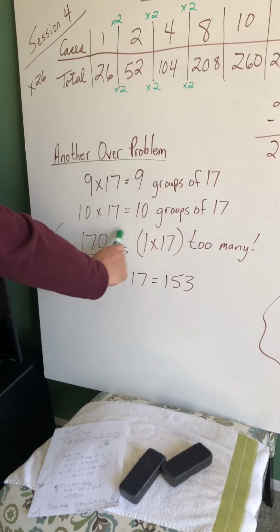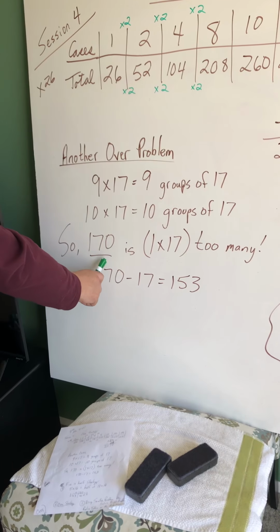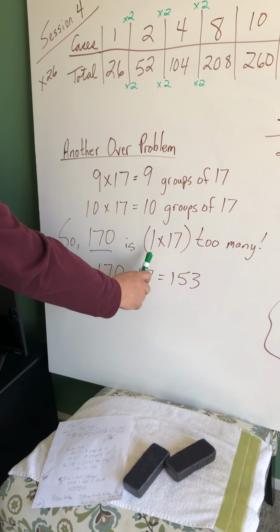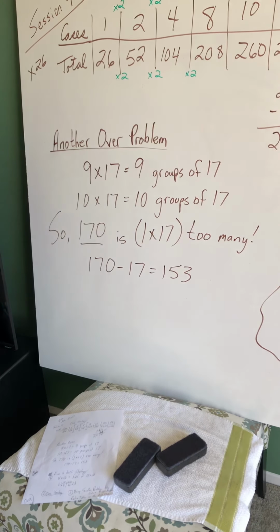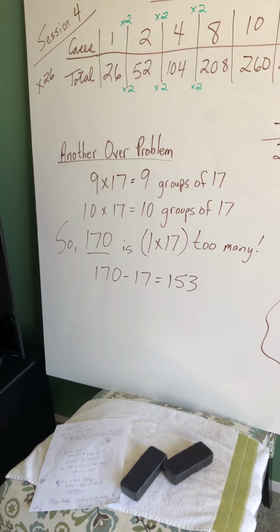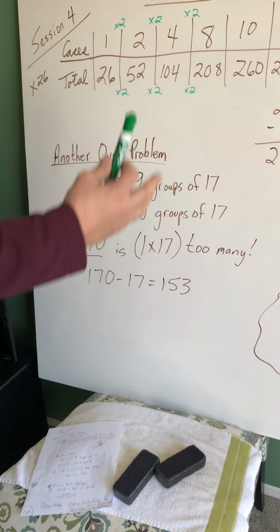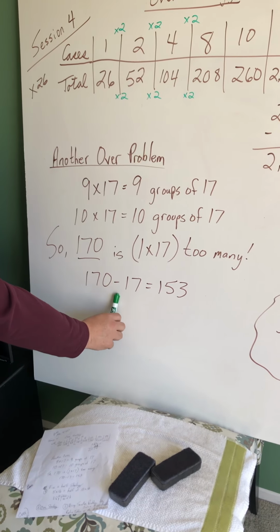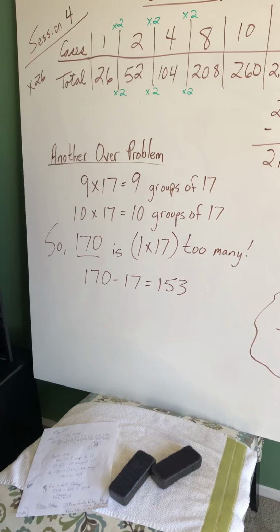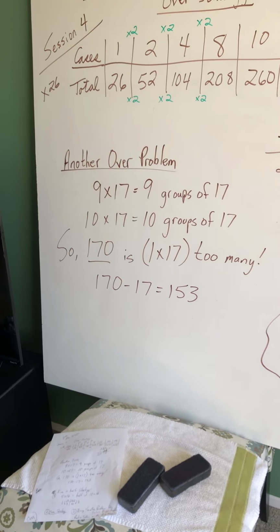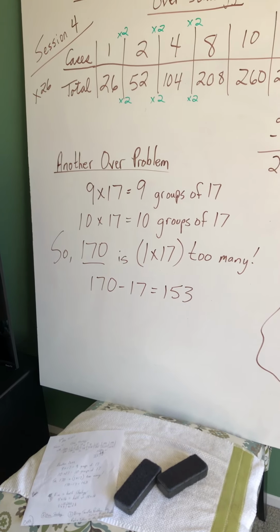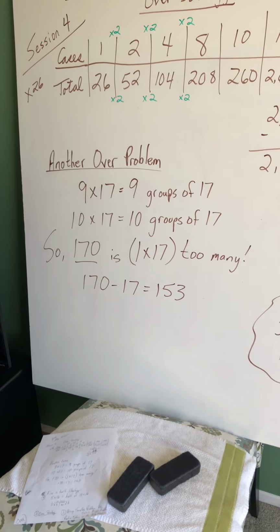So 170, which is 10 times 17, is one group of 17 too many to do 9 times 17. So long story short, 170 minus 17 equals 153, and that's what 17 times 9 is, okay, or 9 times 17. So that's an over problem, okay?